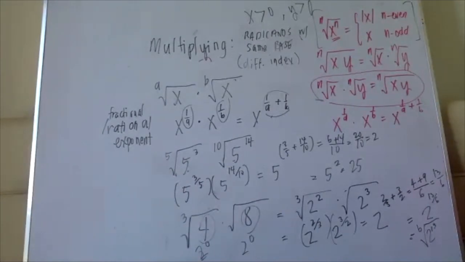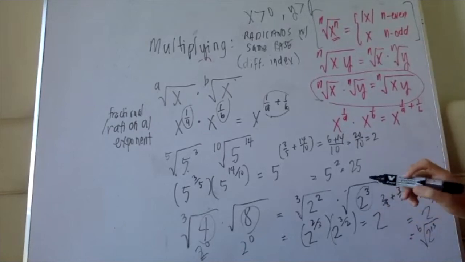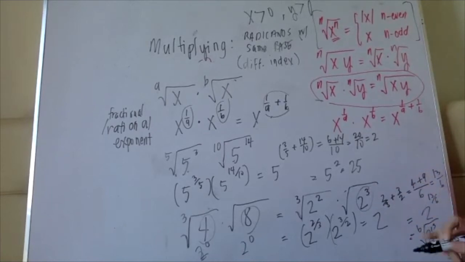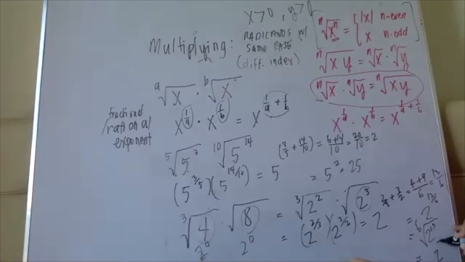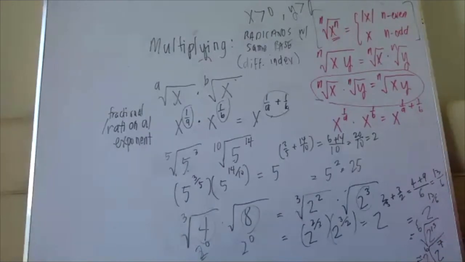Parang ang syunga pala ng ginawa ko. Kasi, sorry, pwede mong ilabas yung 2 dito. So, square root of 2 na lang naiwan. Either way, pwede mo pa rin naman gawin yun dito. 13 minus 6, that's equal to 7. So, ang sagot would be 2 raised to 6th root of 2 raised to 7.